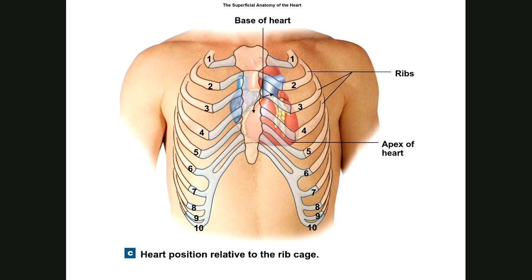As you can see over here, when you want to listen to the heartbeat, you always listen on the left side, for the simple reason that two-thirds of the heart, most of it, lies on the left side. So this is the location of the heart within the thoracic cage.